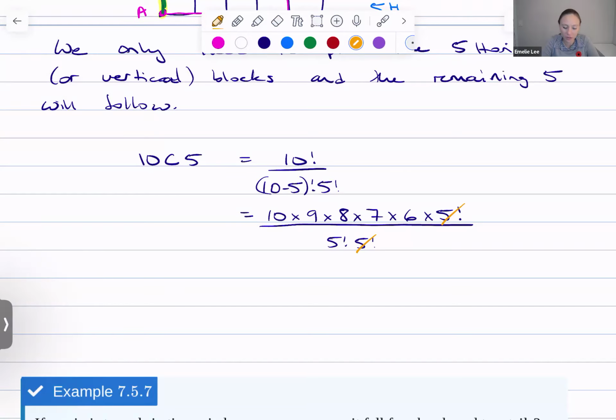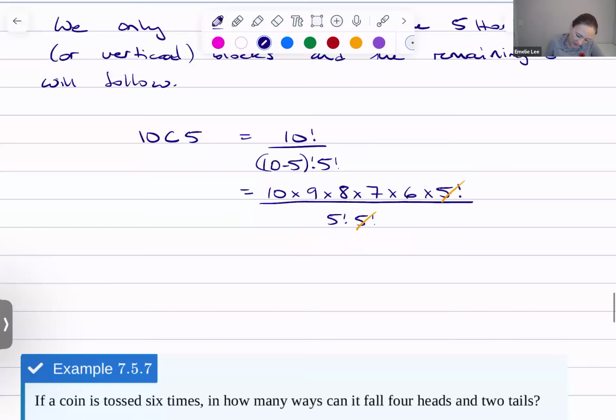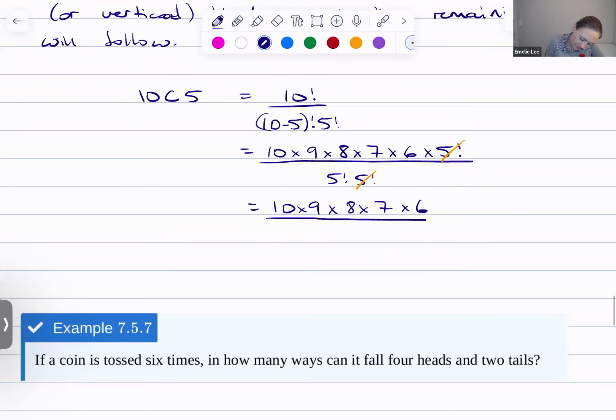And 5 factorial itself is, if you don't have a factorial button, then I'll write this out again. 10 times 9 times 8 times 7 times 6 over 5 times 4 times 3 times 2 times 1.